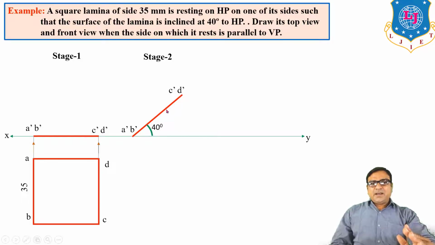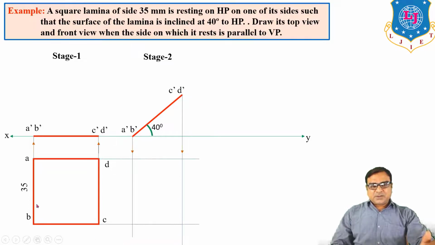Now what is the angle of this surface with vertical plane? Obviously it is perpendicular because our front view is a line. Now what will be the top view when the surface is inclined to HP? So take the projections, draw the vertical lines from A dash B dash C dash D dash and horizontal lines from the previous top view ABCD.